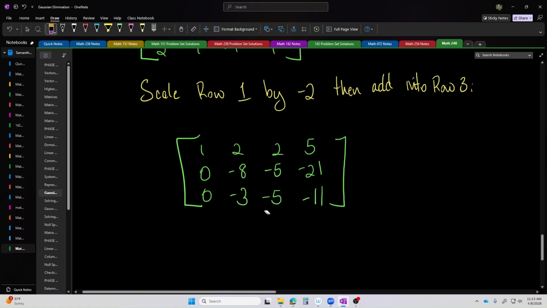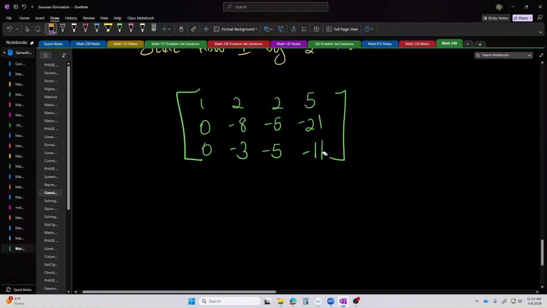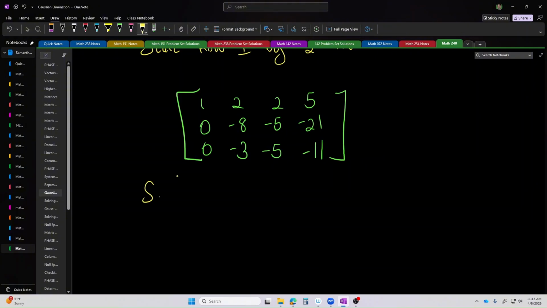So to that end, I'm going to try and scale these rows so that when I add them together, this -3 cancels out. So I'm thinking about, okay, what do I need to do to transform a -8 into a +3? Because if I can transform a -8 into a +3, then that +3 will cancel this -3 in this lower position here. So for example, I can scale row 2 by the quantity -3/8.